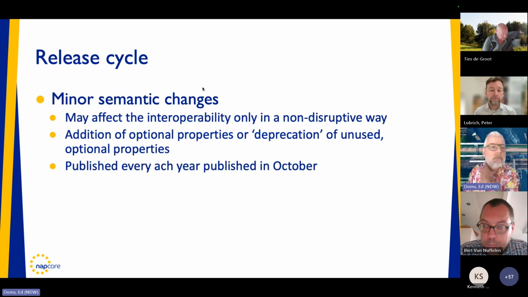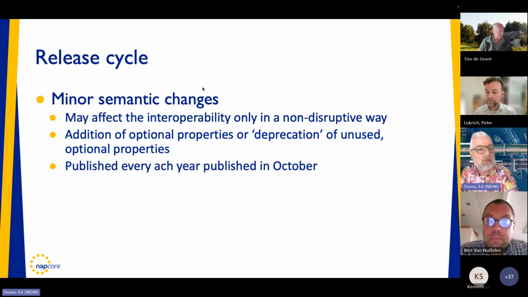Then there are minor semantic changes. They may affect the interoperability of the mobilityDCAT-AP, but not in a disruptive way. For example, the addition of optional properties or the deprecation of unused optional properties.